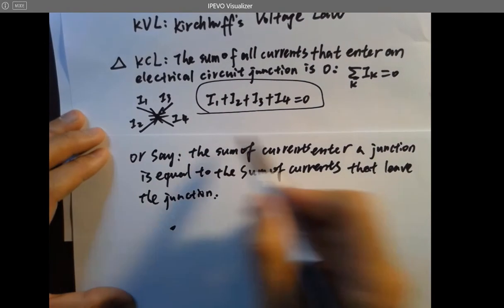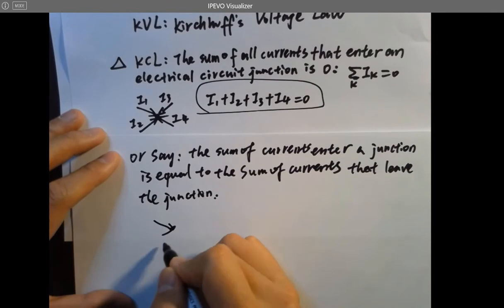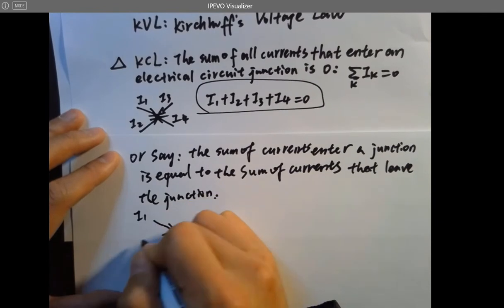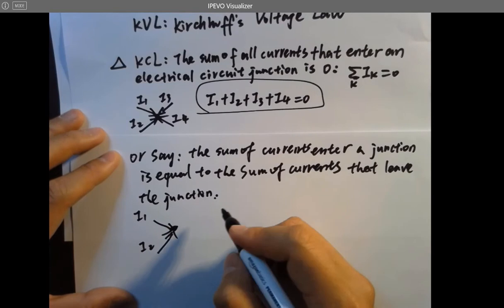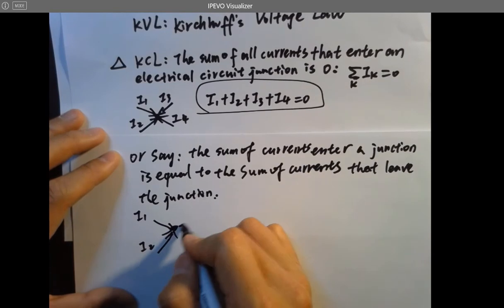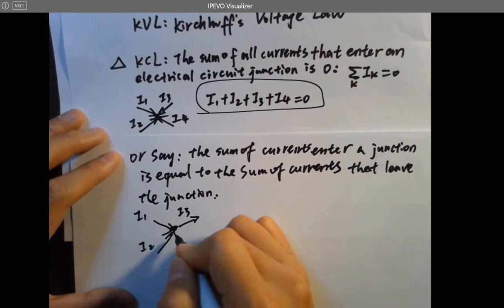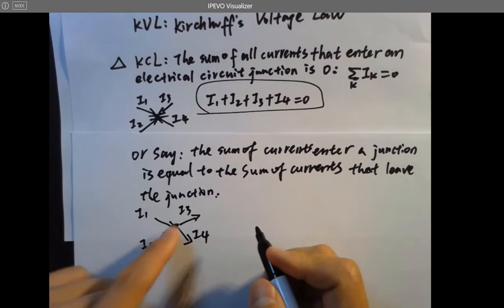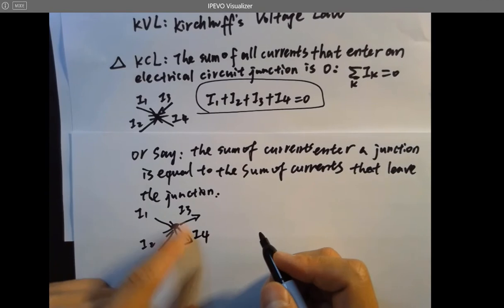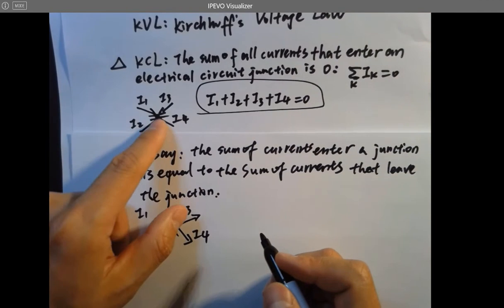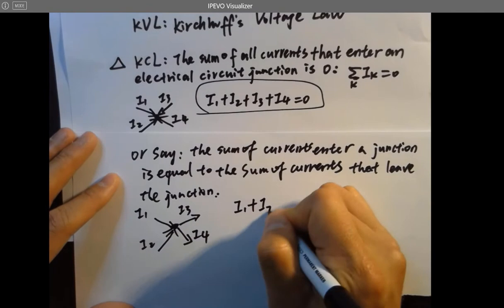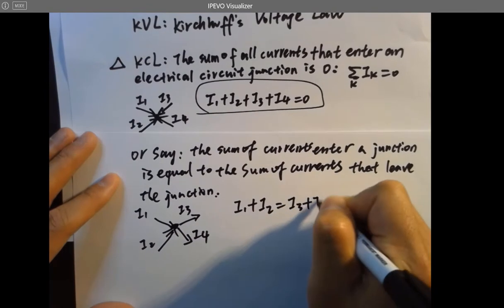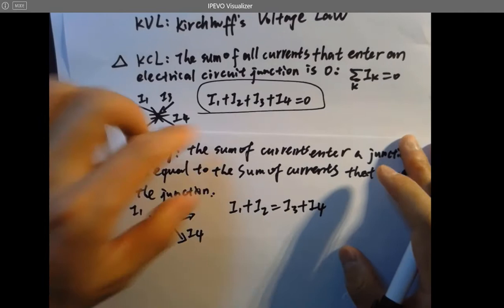But this description says the currents that enter this junction equal the currents that leave the junction. So I3, I4 are now leaving instead of entering the junction. Which means I1 plus I2 equals I3 plus I4. These are pretty much the same.